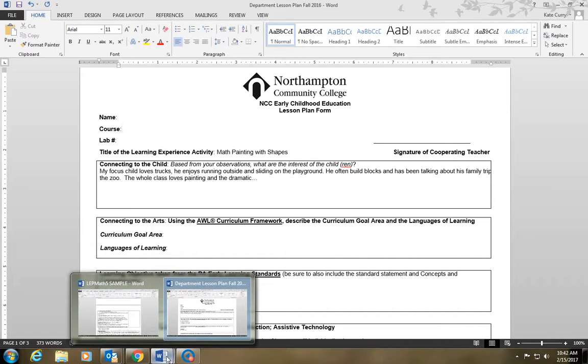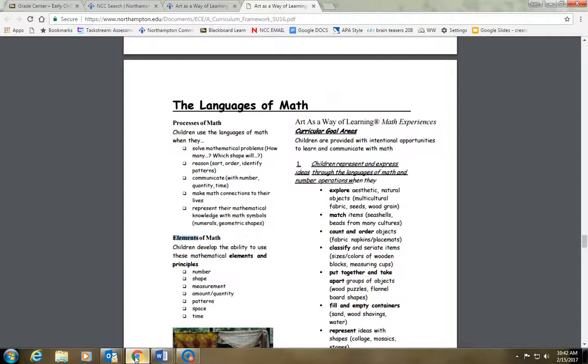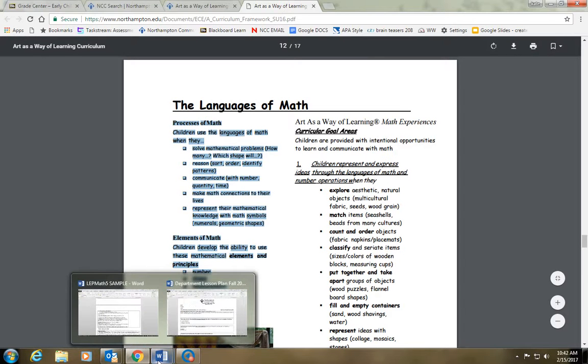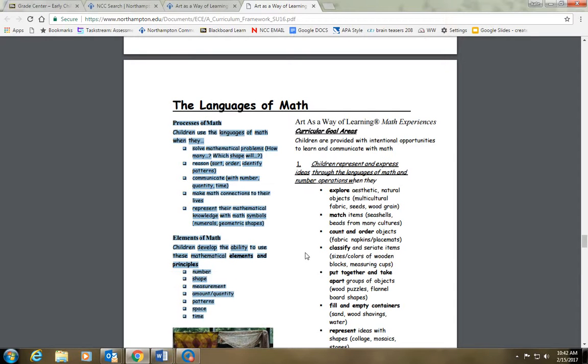So the next piece is you're going to go back to your manual, and you're going to look at what you're planning for here. This is the language of math. So on your lesson plan, think about what you're really focusing on. So I might say, okay, well, I am going to plan math painting, so the children will use the language of math to solve mathematical problems about shape, while they use numbers and shapes to paint.